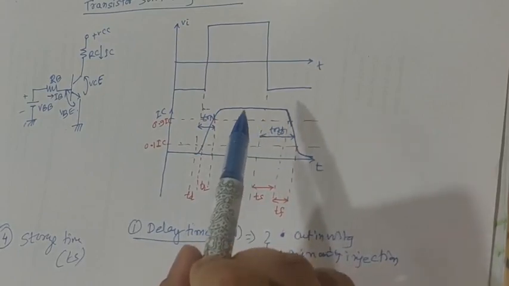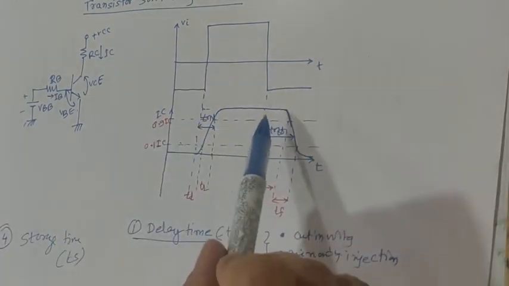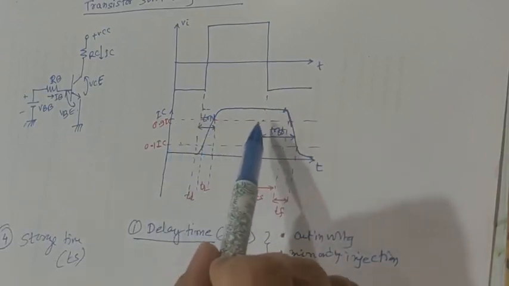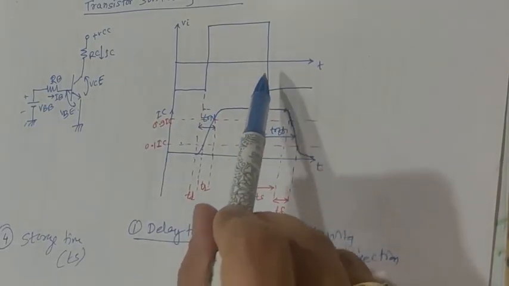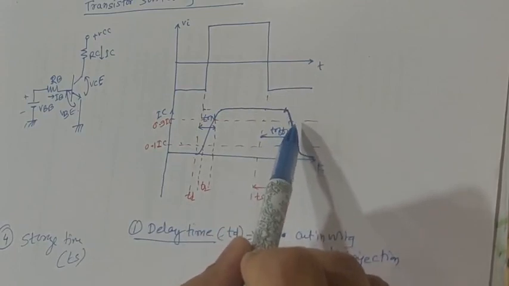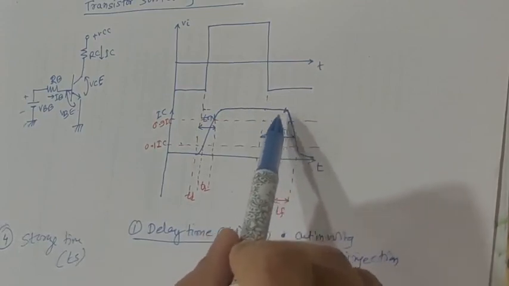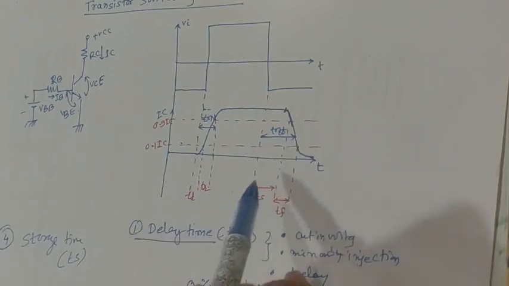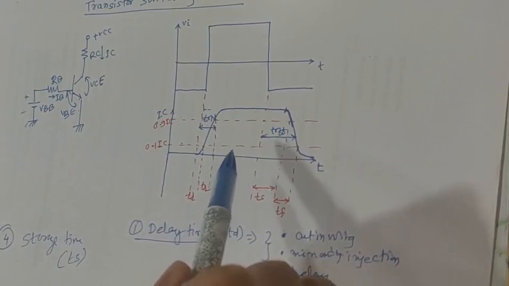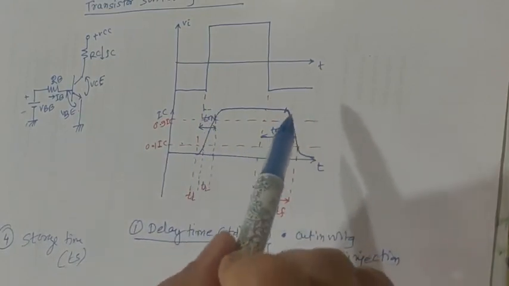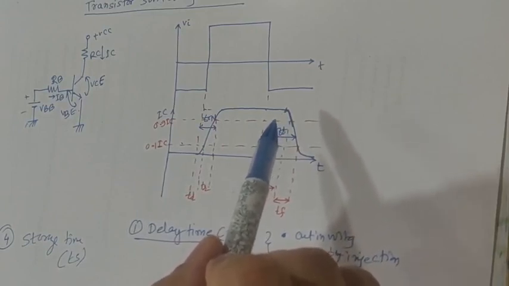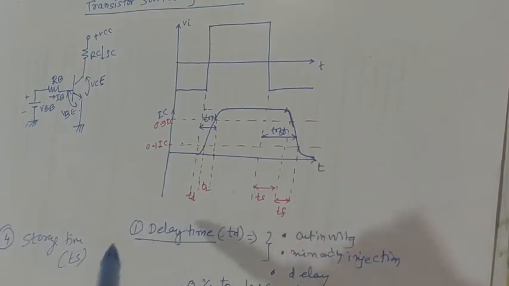So until this excess charge is removed, the collector current is still going to be at its maximum value of IC. And this particular period, from where the negative input starts till the output falls to its 90%, this time lapse is called storage time. So it is the time from when the input moves towards negative till the time when the collector current falls to 90% of its maximum value, and that is called storage time.